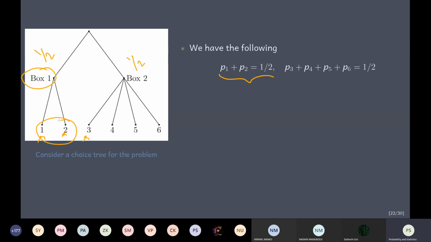Inside this, the probabilities of P1 and P2 may not be equiprobable, but they should sum up to half. The probabilities of the children should sum up to the probability of the parent. So P1 plus P2 should be half, and P3, P4, P5, P6 should sum to half.